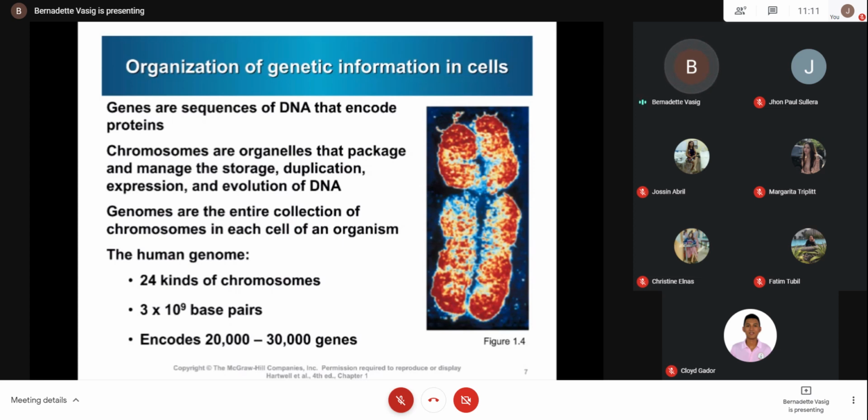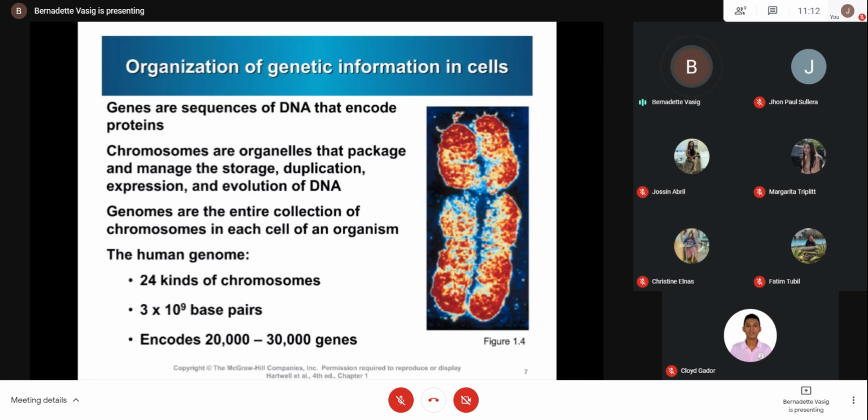Feel free to interrupt. So here, genes are identified or described as sequences of DNA that encode proteins. In the human genome, there are 24 kinds of chromosomes, and they encode 20,000 to 30,000 genes.